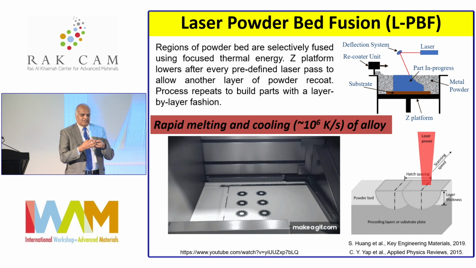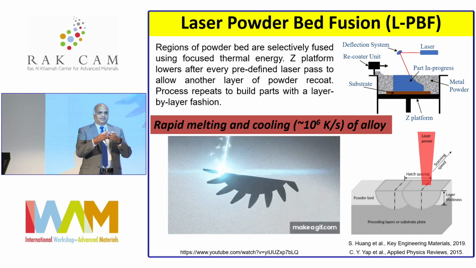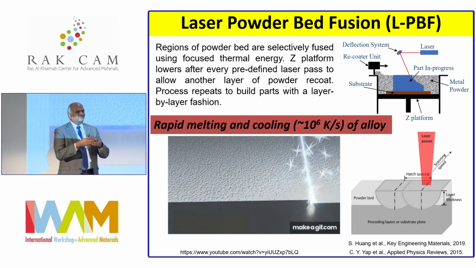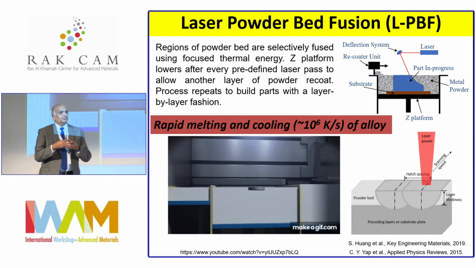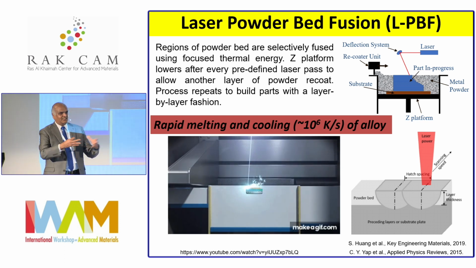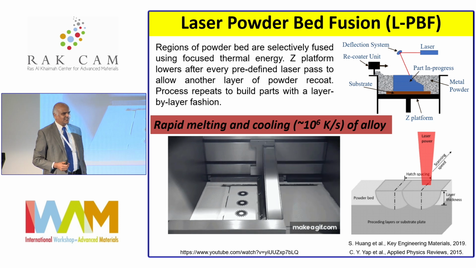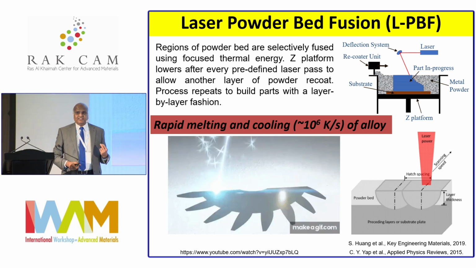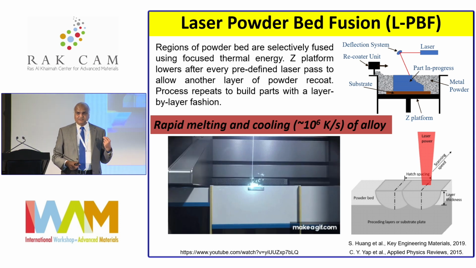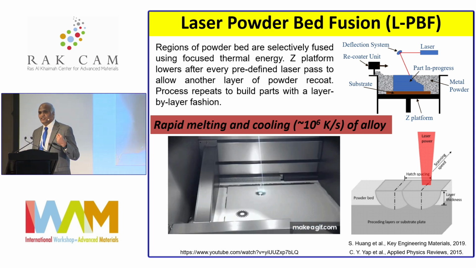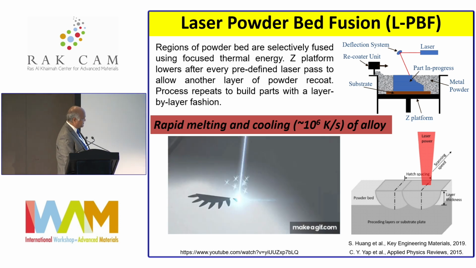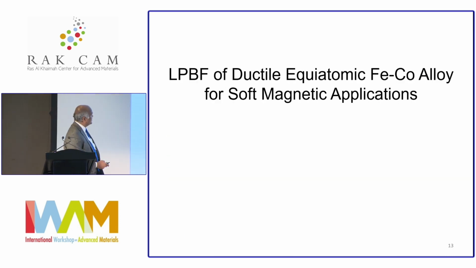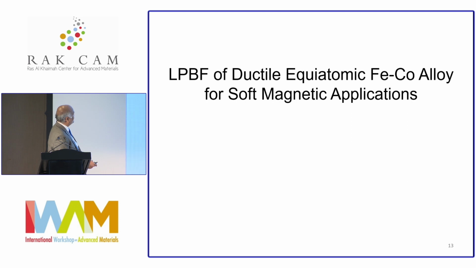Because you're melting the powder very rapidly, it also solidifies very rapidly, right? Because it is sitting on a huge heat sink. As a result, rapid solidification conditions prevail. The molten metal solidifies very rapidly.